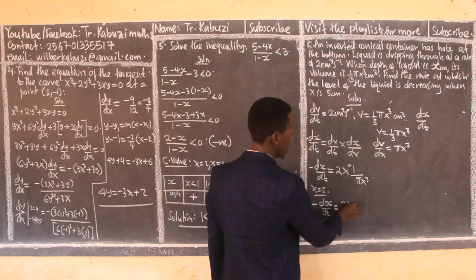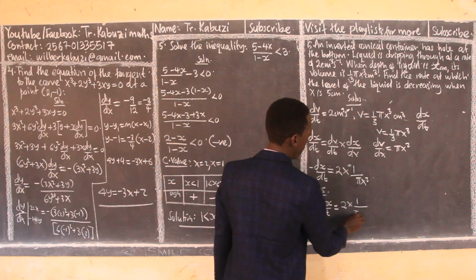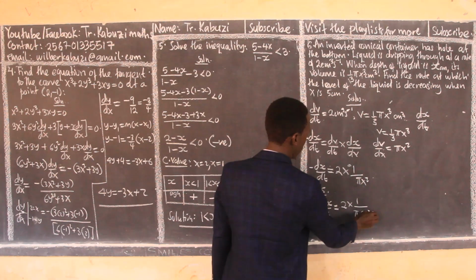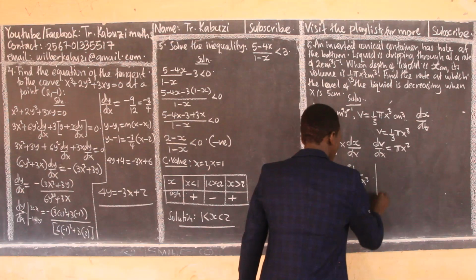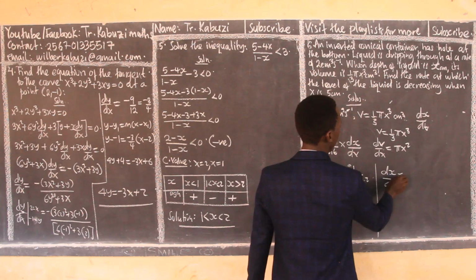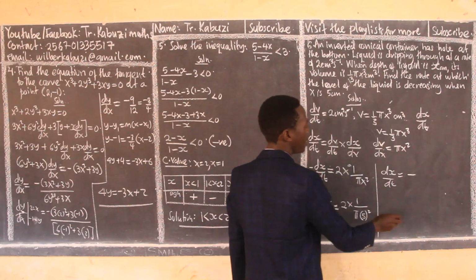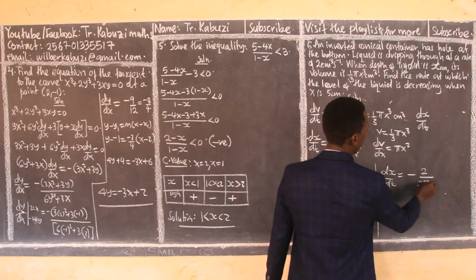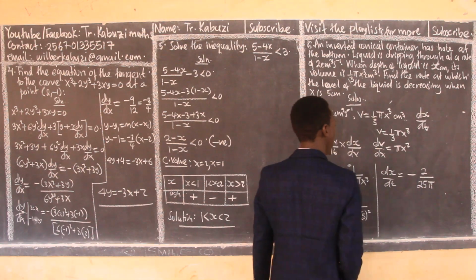I have 2 times 1 over pi times our x, which is 5 squared. So from there, you can see that my dx/dt is going to be negative 2 over 25 pi.